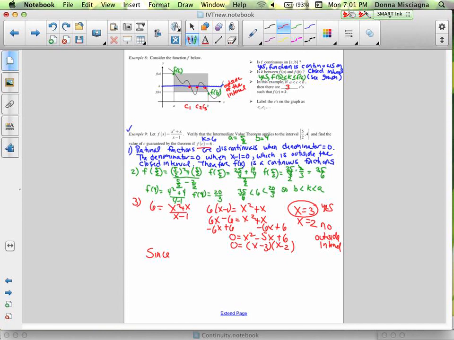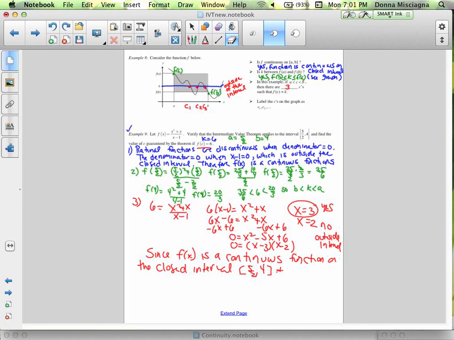All right, so since f of x is a continuous function on the closed interval, I would state the interval, 5 halves to 4, and we got our k here.